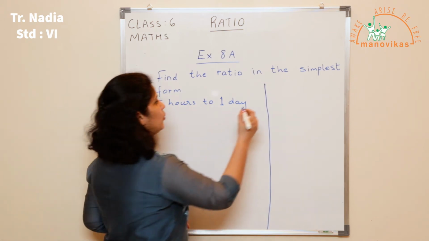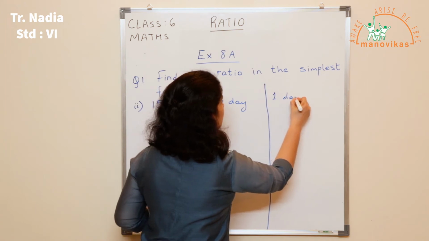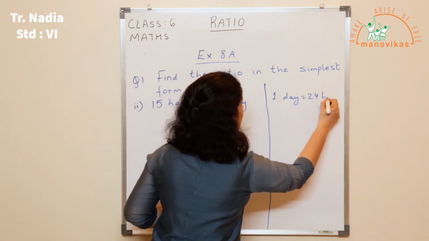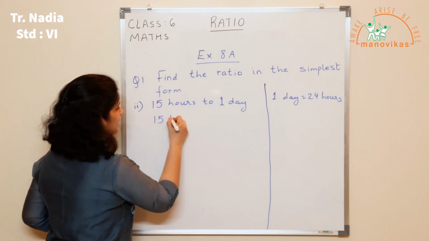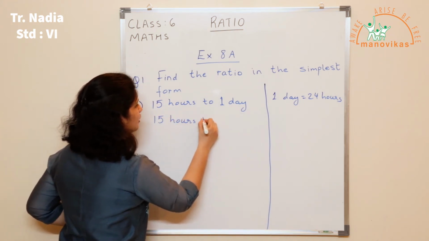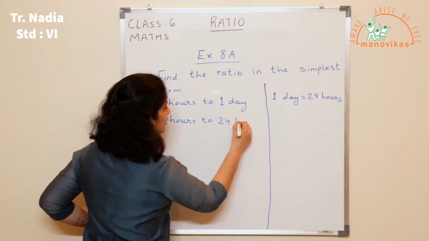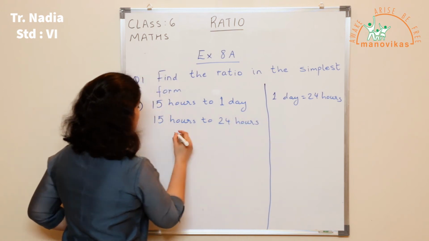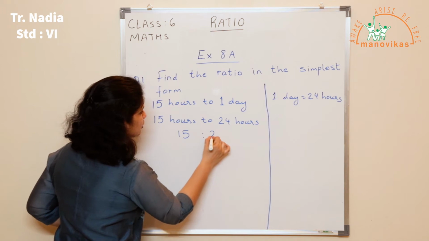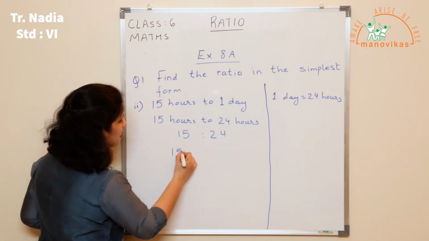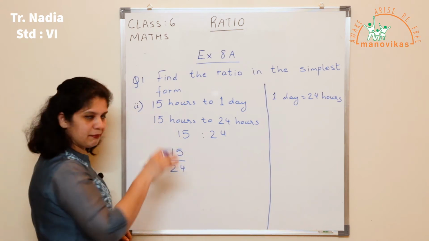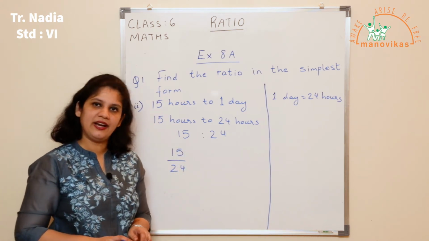We all know that 1 day is equal to 24 hours. So you will reword this sum. You will write it as 15 hours to 24 hours. So then the ratio will be 15:24. Now you have to simplify it. So write it as a fraction. Simplify it and get your simplified ratio.